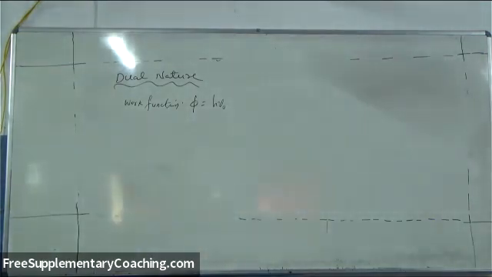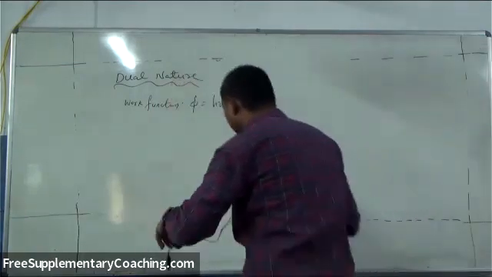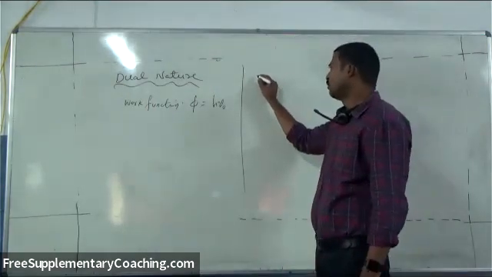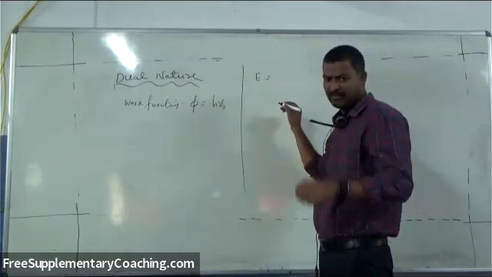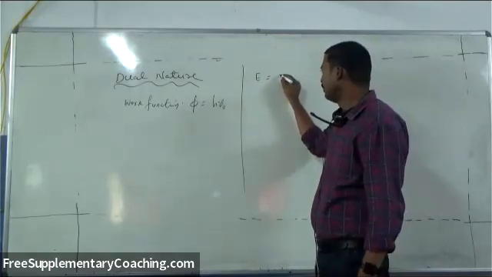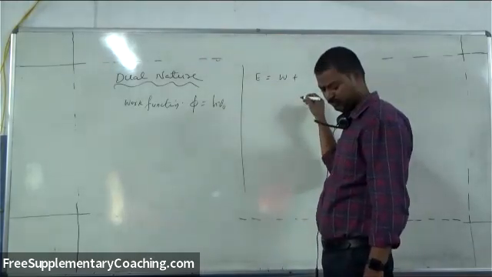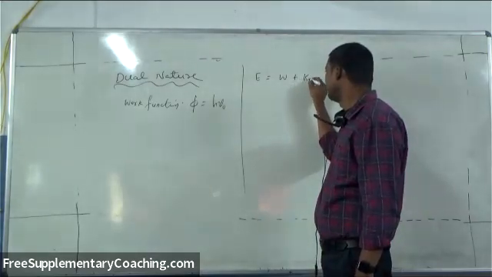Write down the Einstein photoelectric equation. Einstein photoelectric equation: the total amount of energy falling on the metal surface is utilized in two ways. One is the work function W. The second one is the kinetic energy.